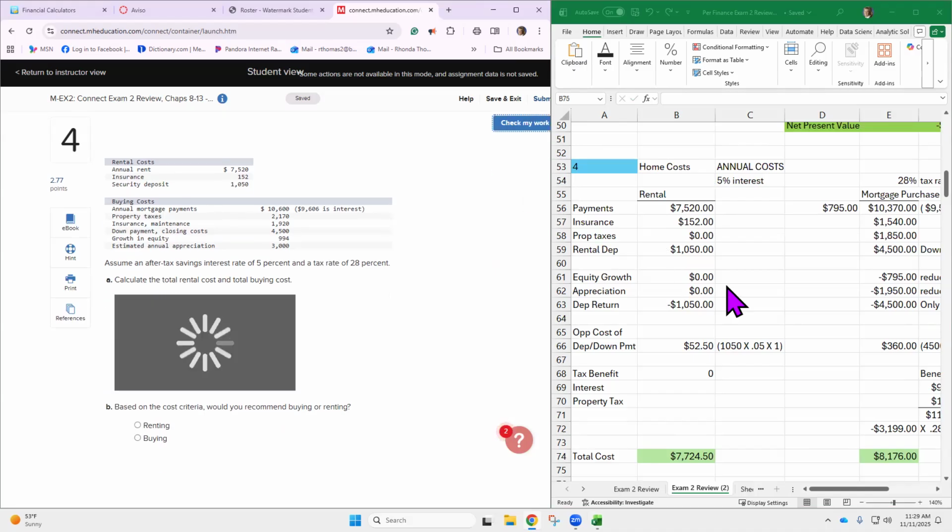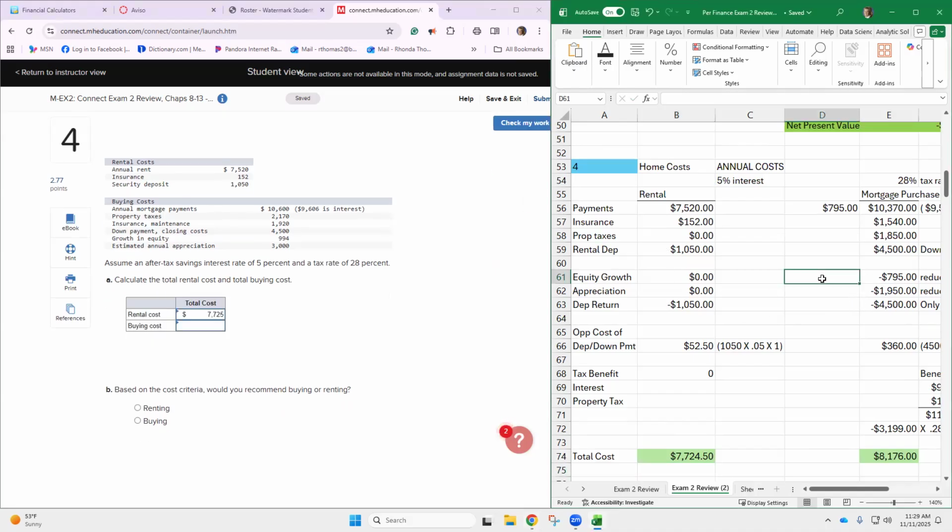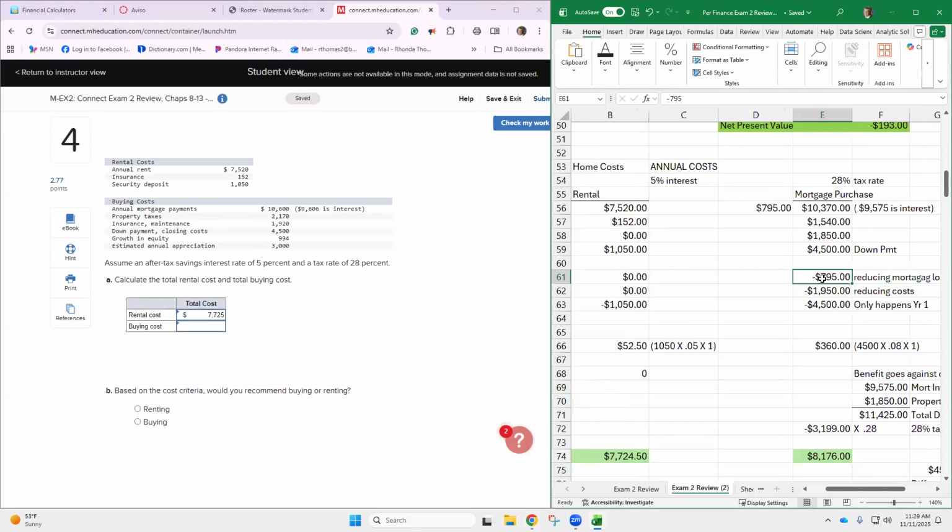All right, now let's line up the purchase items. The annual mortgage payments, we want $10,600. Now we do want to make note of how much interest is in that year's worth of payments, because of the interest that we pay. And then the difference between the two.